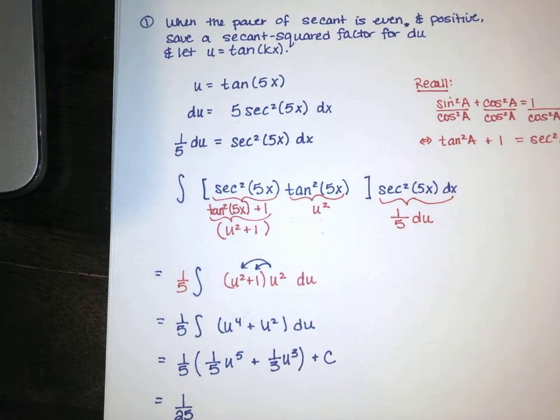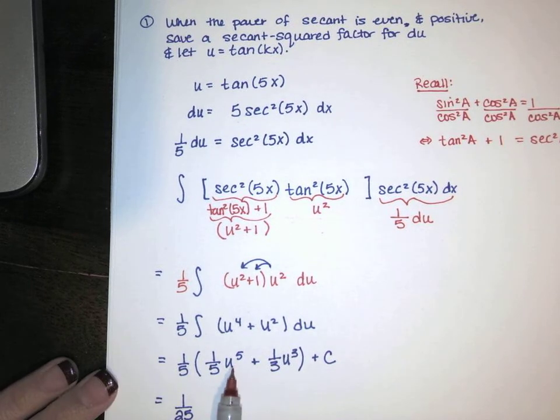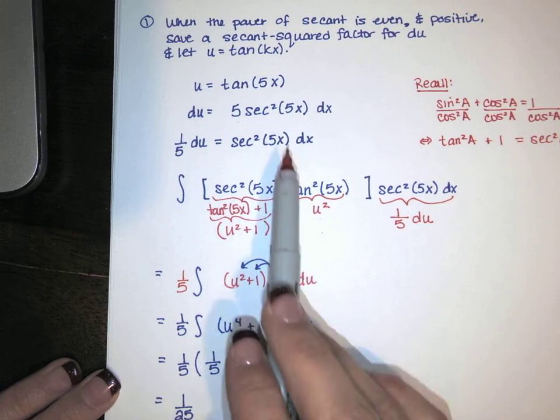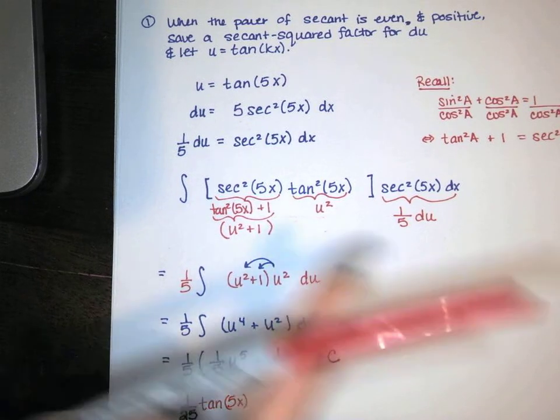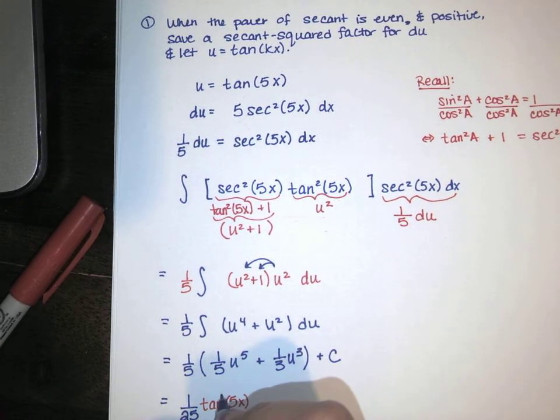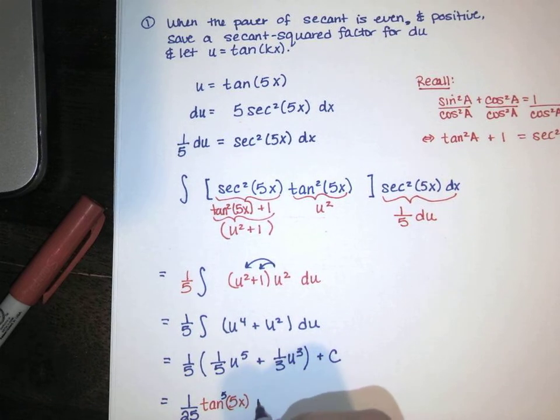Now remember, you have to back substitute to finish this. In this case, our u was tangent of 5x, so I'm going to put that in here. And then over here, I've got 1/5 times 1/3 is 1/15, and that's tangent of 5x quantity cubed.